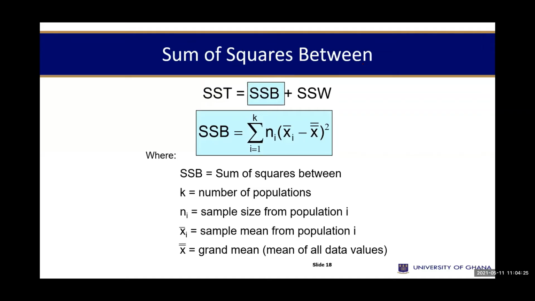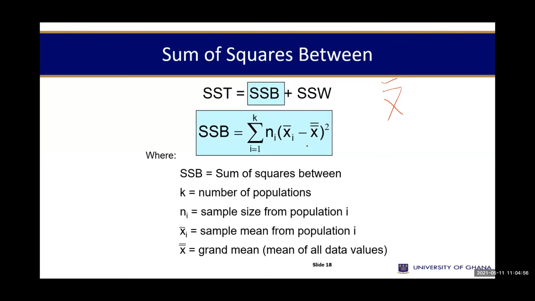That's the SSB. Therefore, I need to be able to estimate the sample mean for each of the distinct groups that I have. If I do that, I should be able to calculate the grand mean, which is the X bar. If it is X bar, then the question is what the i goes to, for group 1, group 2, group 3, like our friend is asking.